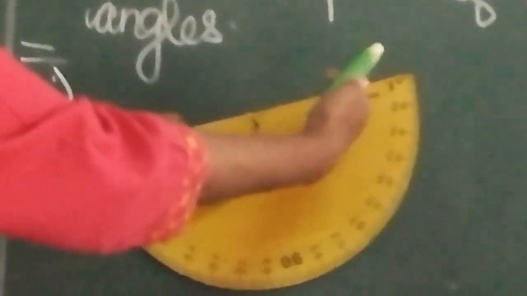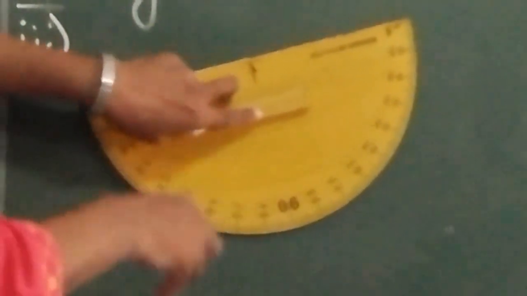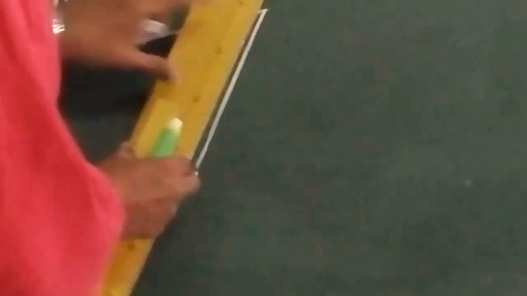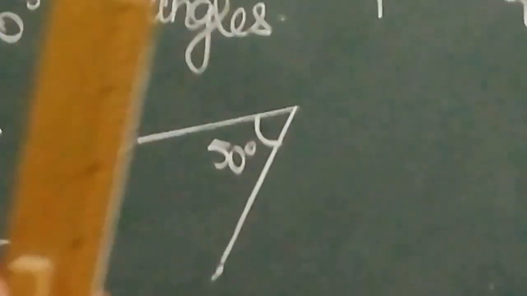So here which side did we take? We took the left side. So we need to take the inner scale. Inner scale, then mark this, join both of them. This is 50 degrees. The next one is 140 degrees.